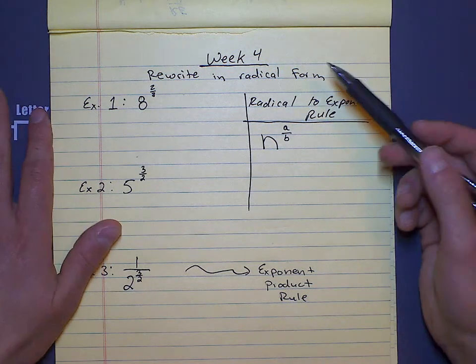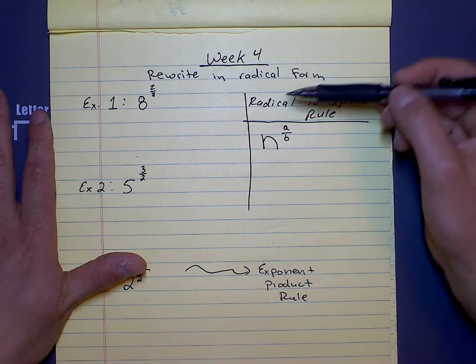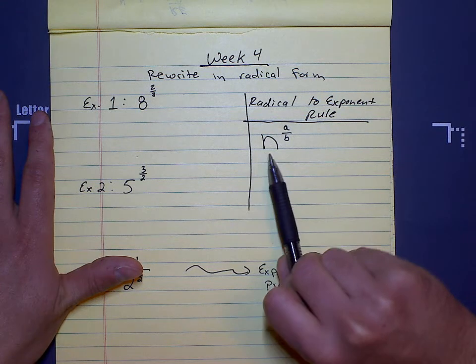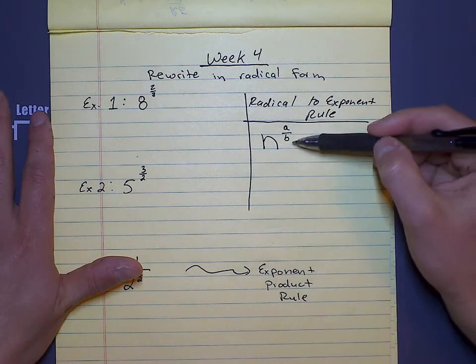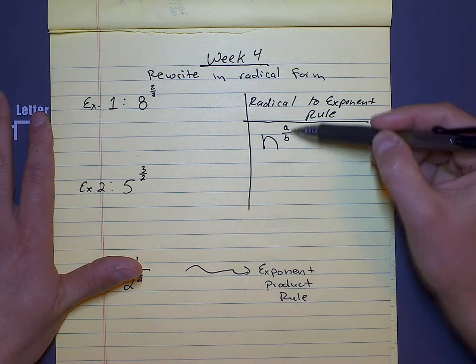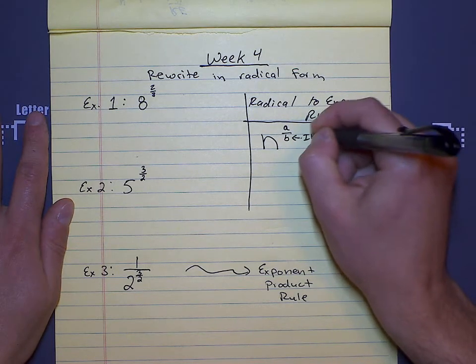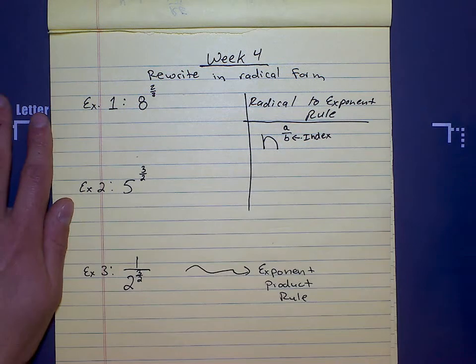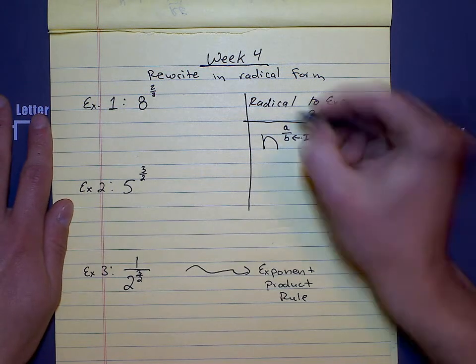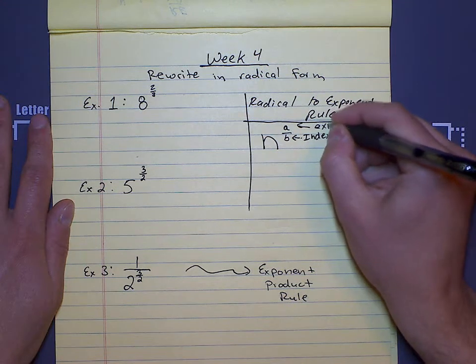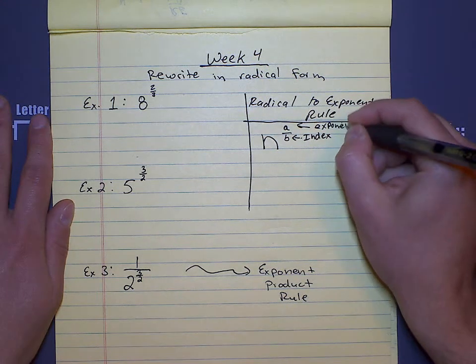What you should know there is the radical to exponent rule, that if you have some number and you have a fractional exponent, say a over b, your denominator is always acting as the index of the radical, and your numerator is acting as the exponent of the radicand.